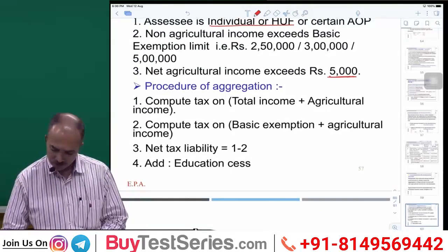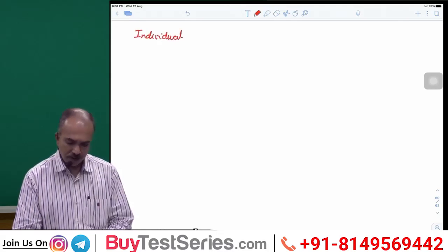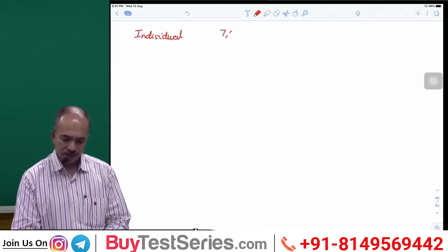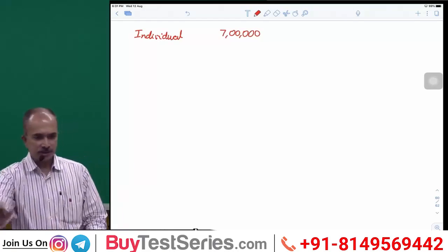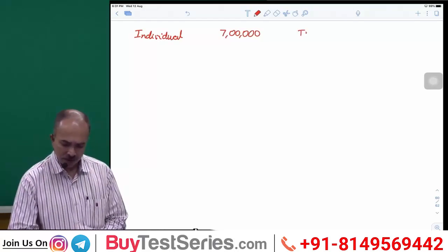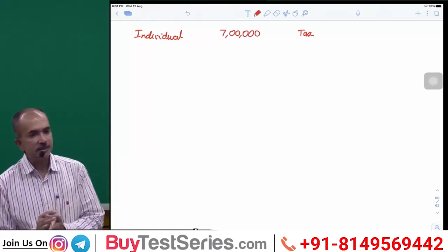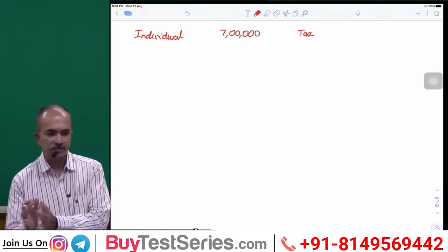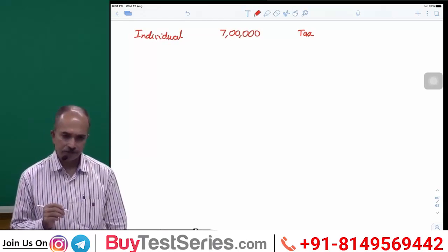Now when we are talking of this aggregation of agricultural income, to illustrate, let us say we are talking of an individual and the individual has, let us say, 7 lakh rupees income. Now let's ignore cess for the time being. Ordinarily, अगर agricultural income नहीं होता, what would be his tax liability? Just basic tax, forget cess, etc. First 5 lakh, 12,500.